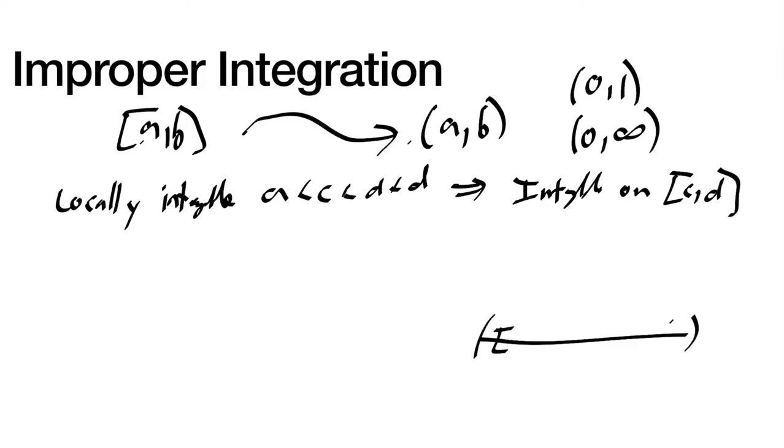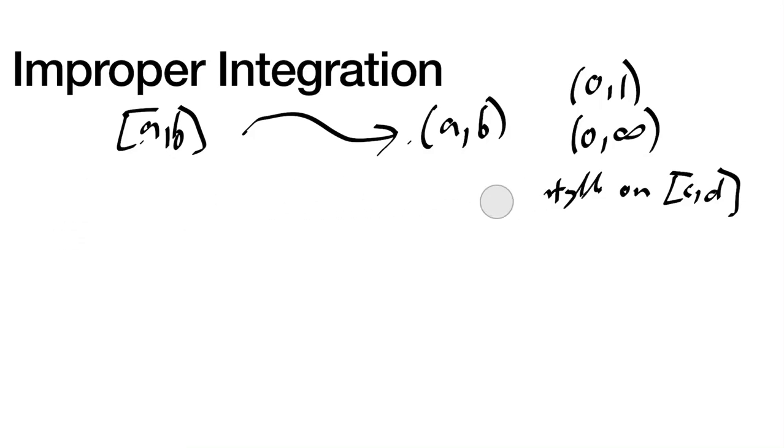So all we're saying is that if we have this open interval, and if I took any closed interval inside of it, then it would fit all the traditional definitions that we've been doing for the last day or two. Okay, so that's a nice requirement. And it turns out that we need locally integrable in order to talk about an improper integral.